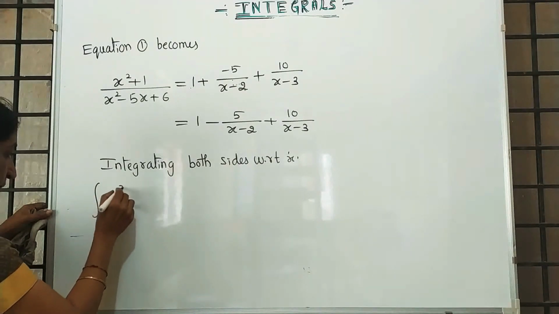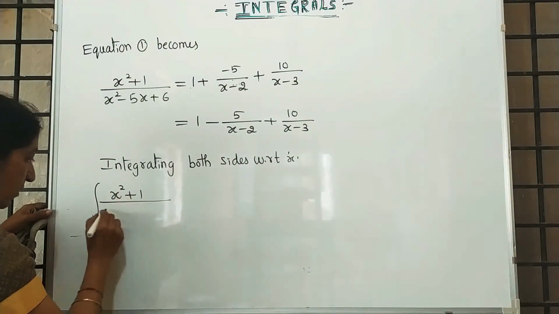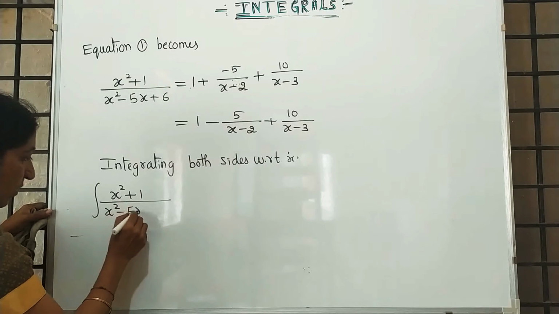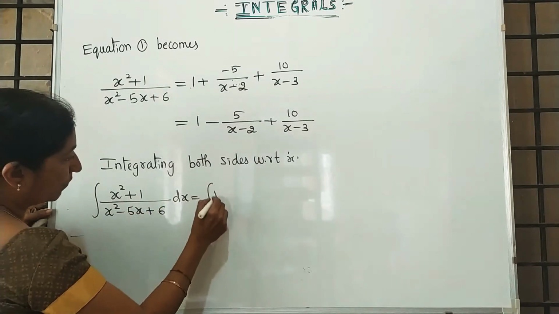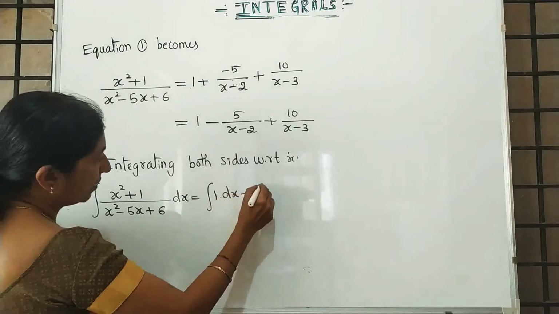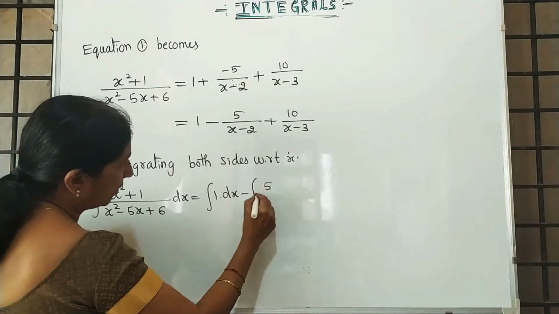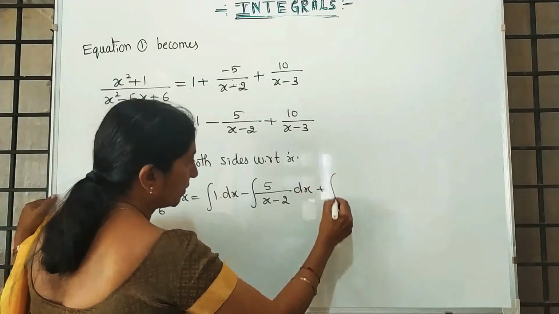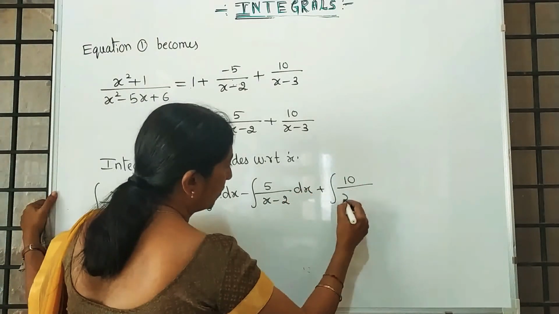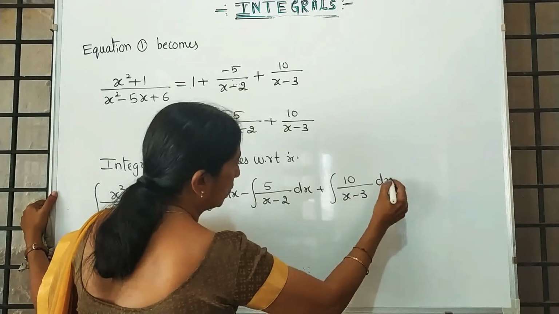Integration of (x square plus 1) upon (x square minus 5x plus 6) into dx is equal to 1 into dx minus 5 upon x minus 2 into dx plus 10 upon x minus 3 into dx.